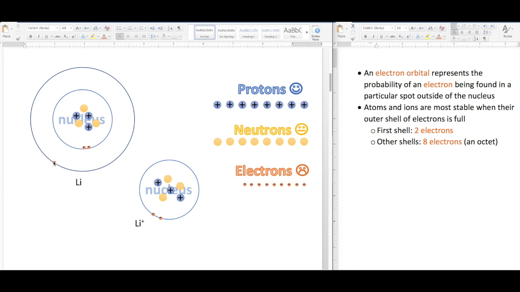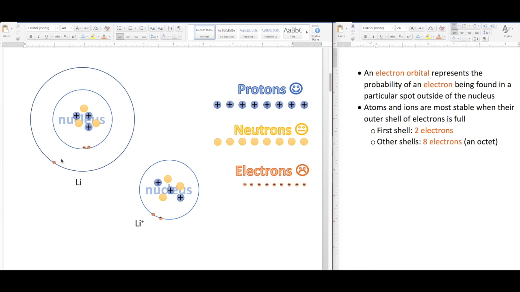And ideally it wants a full outer shell. The easiest path for lithium to get there is by losing this outermost electron, because electrons can come and go from an atom or an ion easily, and later we'll talk about why they do that to form compounds.